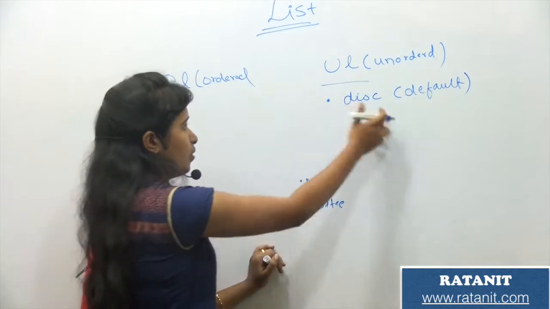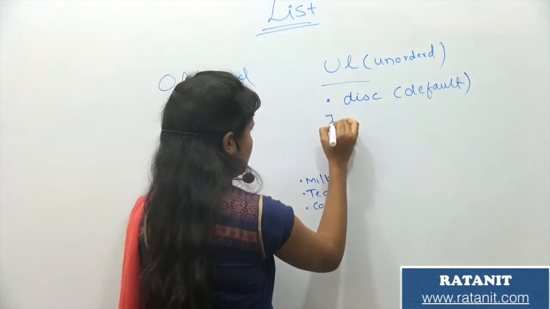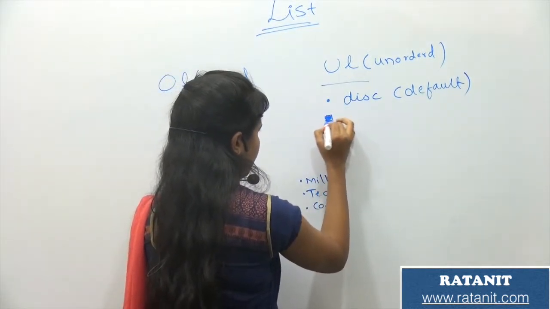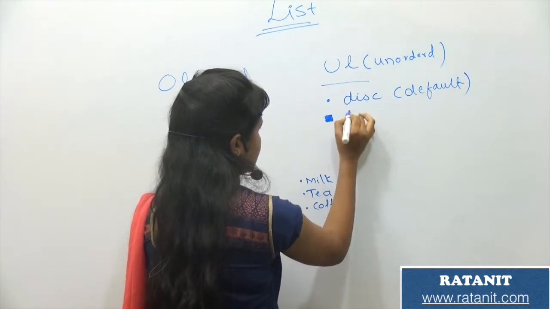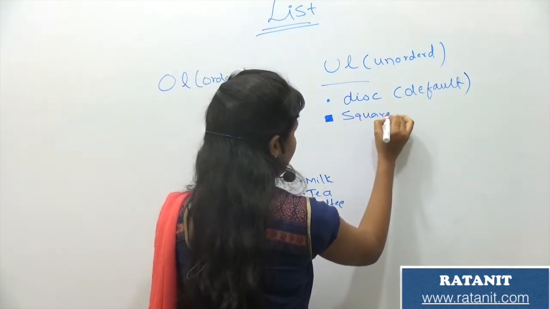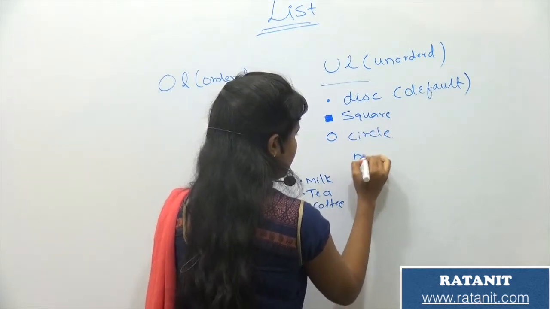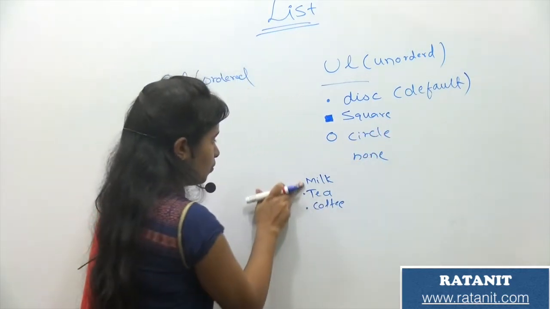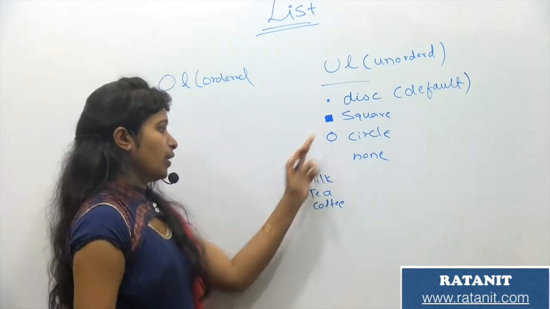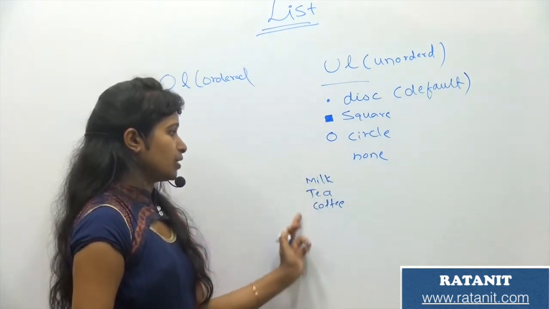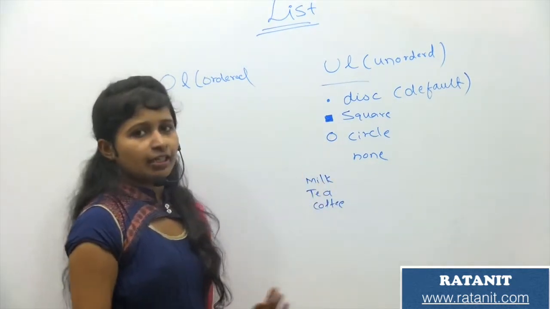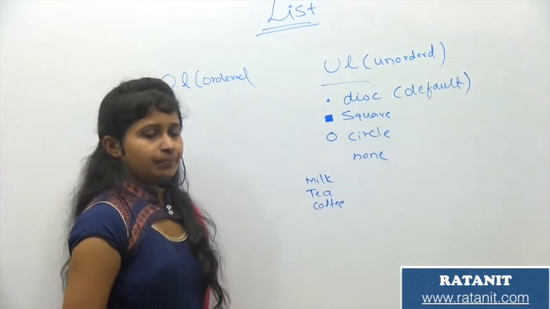That means the default is disk. This is the square and this is circle. And none. None means it won't display anything. The square means it will display like this, circle means it will display like this. If none, it does not display anything.